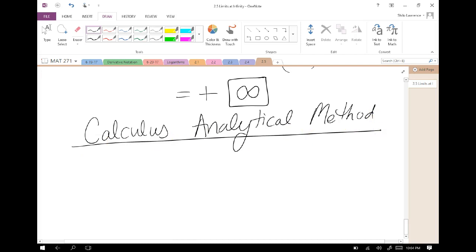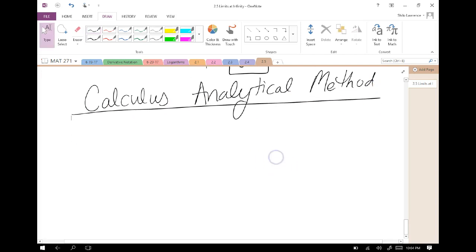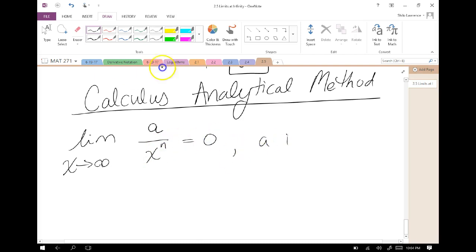There is one rule that it requires, and that is that we understand that the limit as x approaches infinity for some constant a over x to any power is 0, where a is a constant.